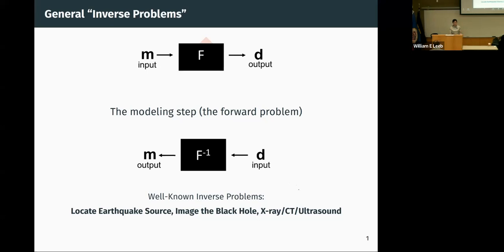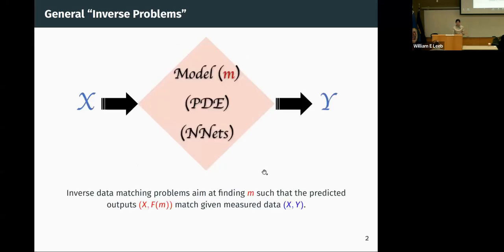More generally, nowadays the model doesn't have to be a PDE if we talk about inverse problems. In my presentation, I will include a neural network also as one particular model for inverse problems. The general definition is that you have a model, which is a neural network that you assume is actually the model, and at the same time you have data.